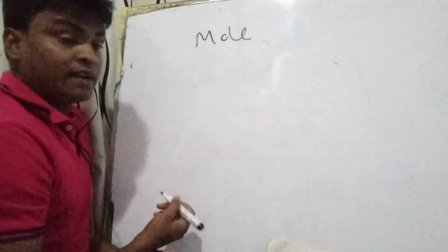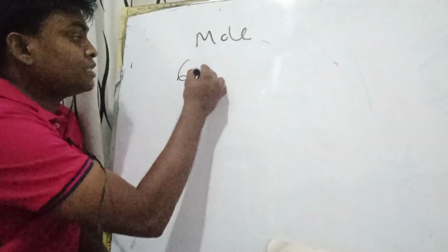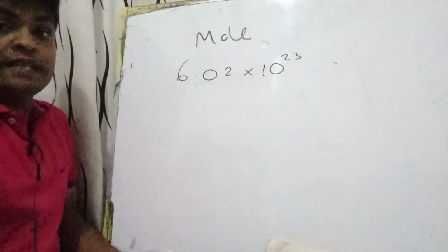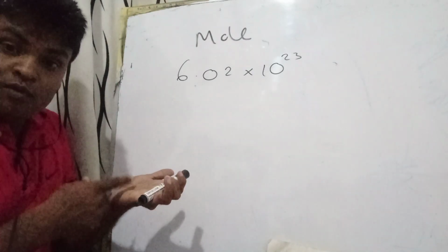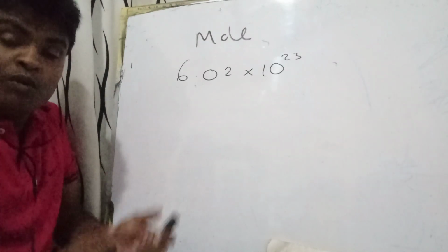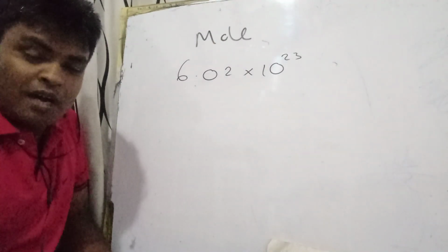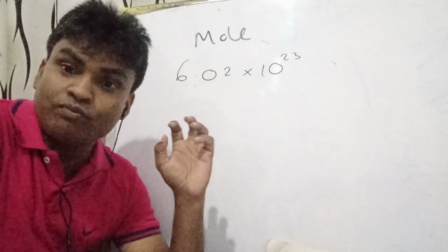To equal 1 mole of sulfur atoms, there should be 6.02 into 10 to the power 23 sulfur atoms. It's a huge number. If I try to count that, I would count my whole lifetime, but I wouldn't be able to finish. Is it clear?